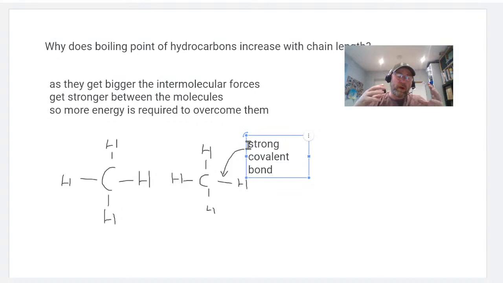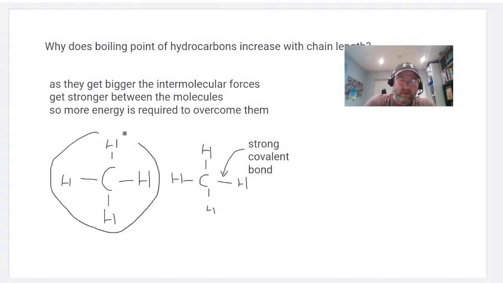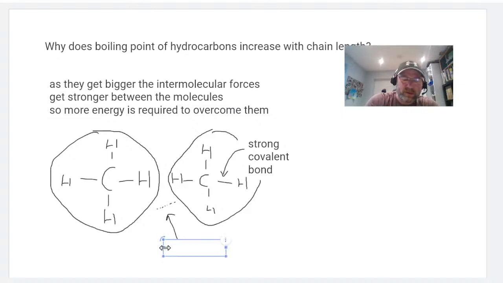If I want alkanes to do a chemical reaction, I'm trying to break that. But if I'm just trying to separate this one from this one in the old particle model, that's why I'm drawing a circle around them, then there's just some weak force that I need to break. Okay, so you're not actually touching the bonds.